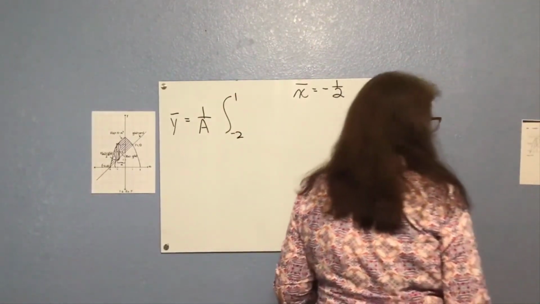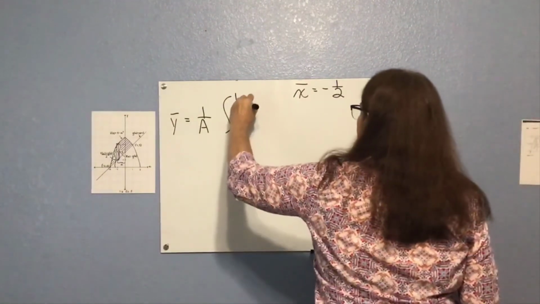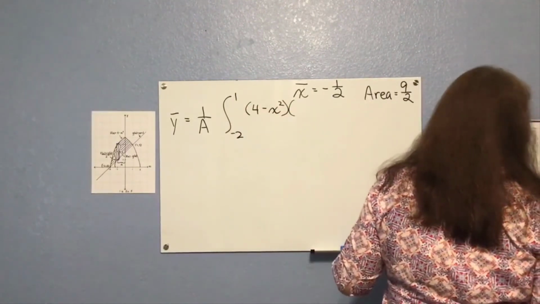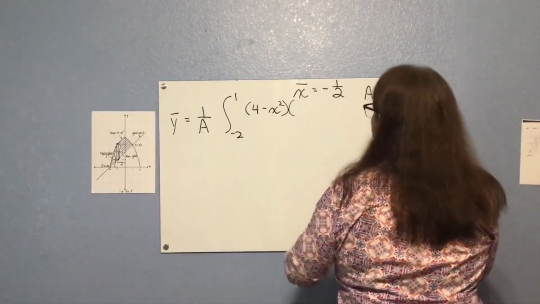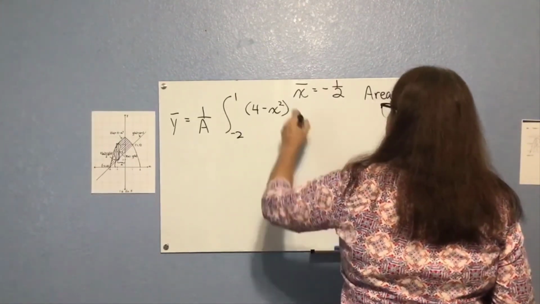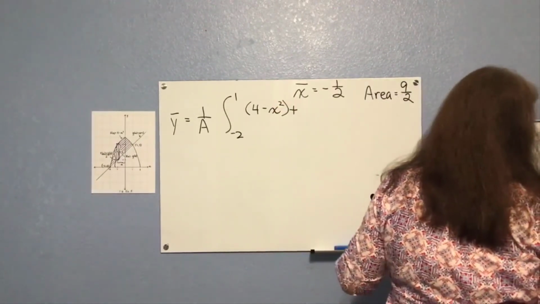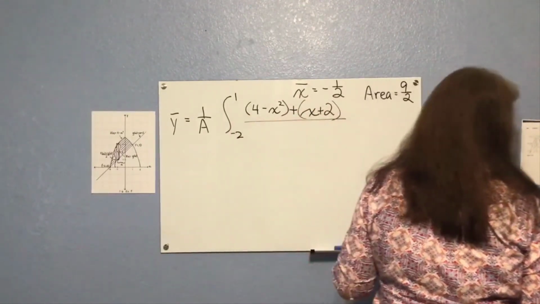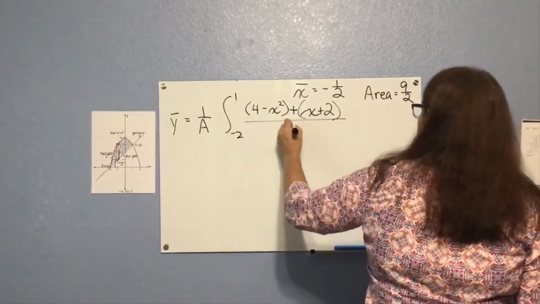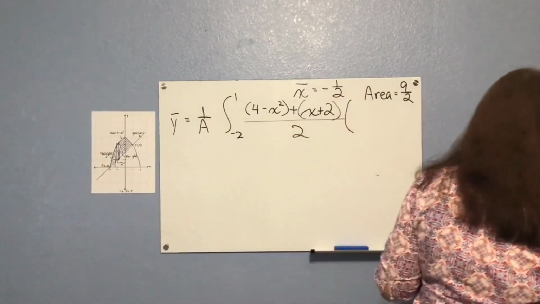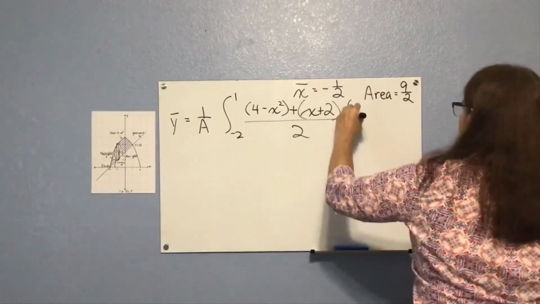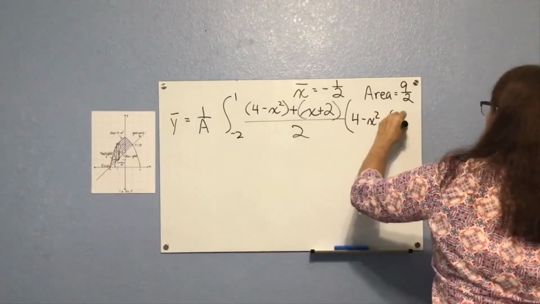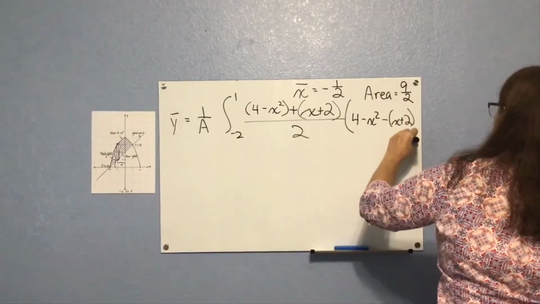So negative 2 to 1, 4 minus x squared plus, not times, x plus 2, divided by 2, times 4 minus x squared minus x plus 2 dx.